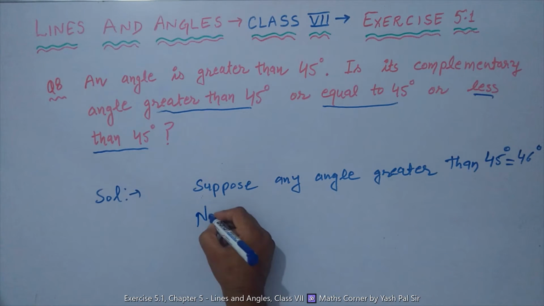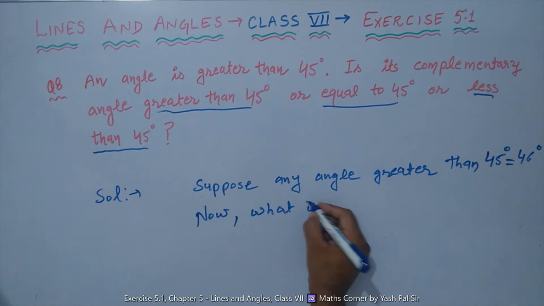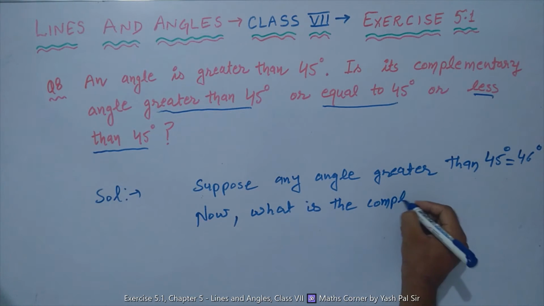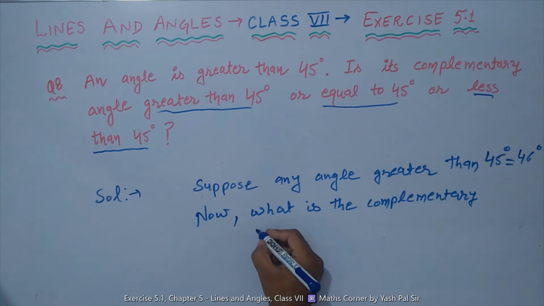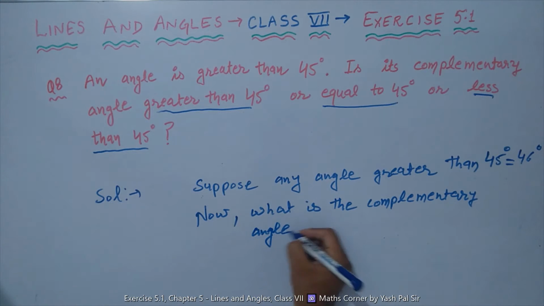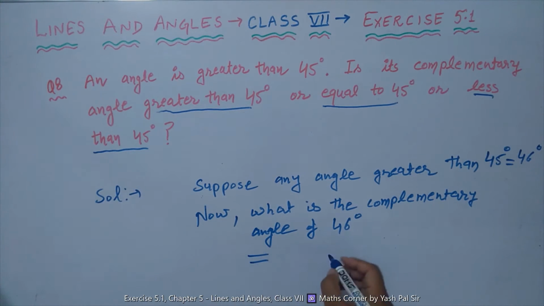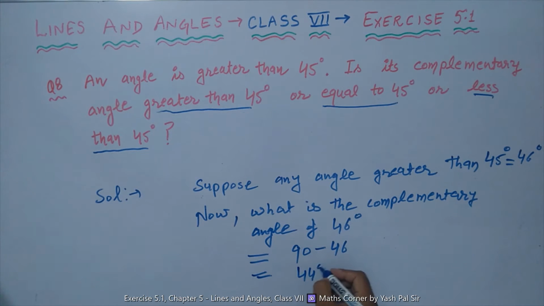Now what is the complementary angle of this angle? We know how to find the complementary angle. We just subtract from 90 degrees. 90 degrees minus 46 degrees. What is the answer? The answer is 44 degrees.